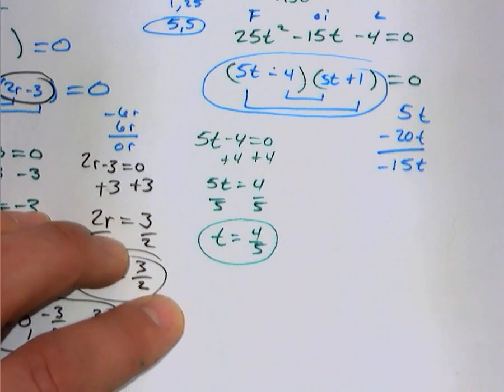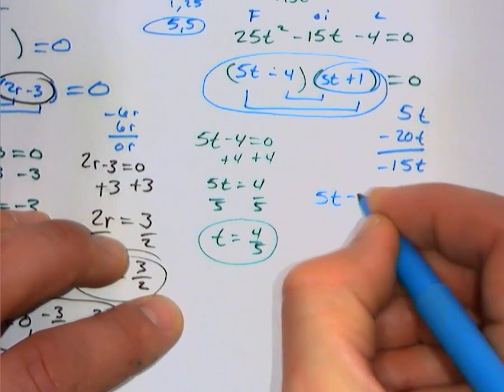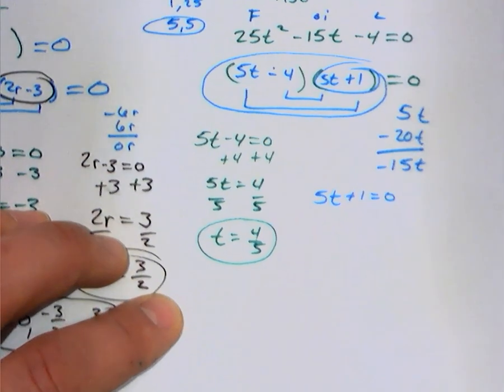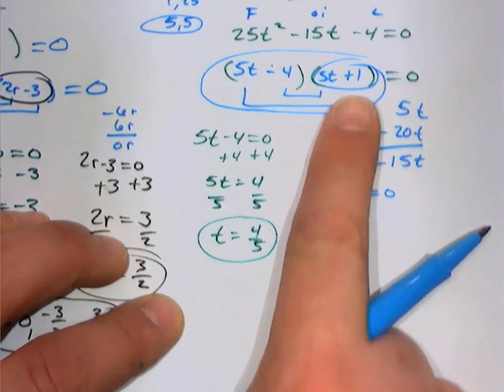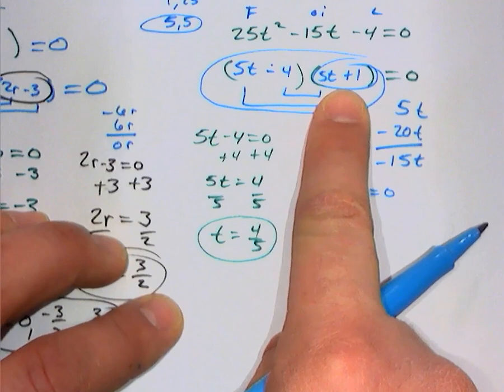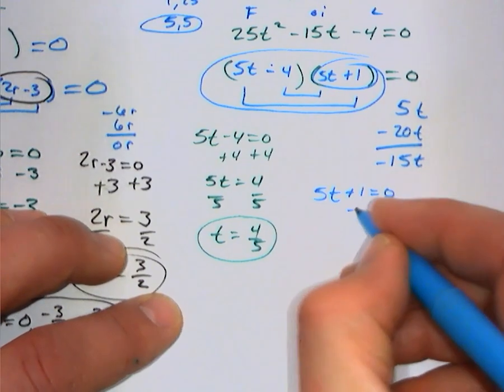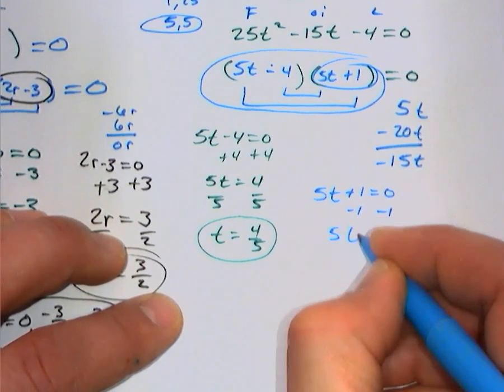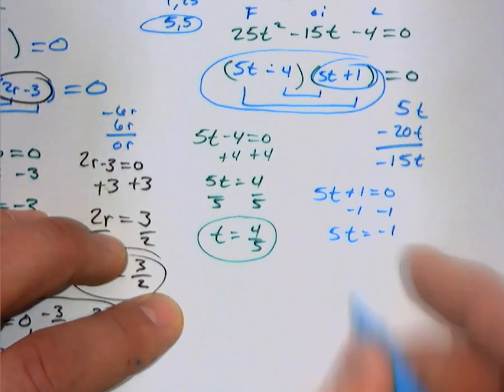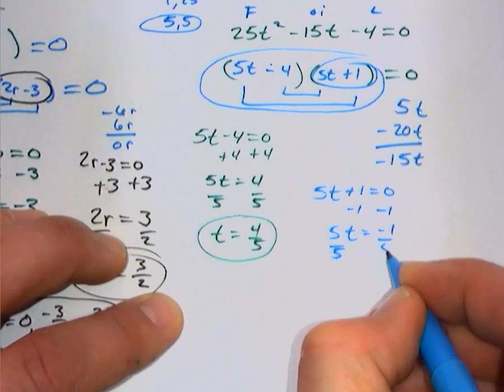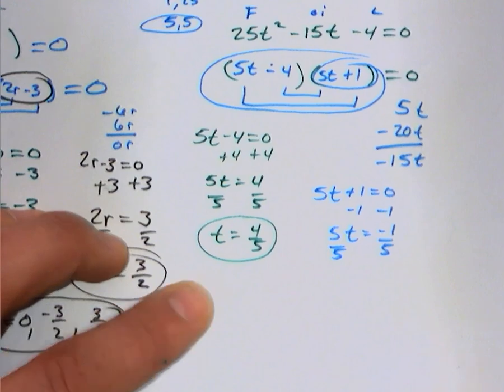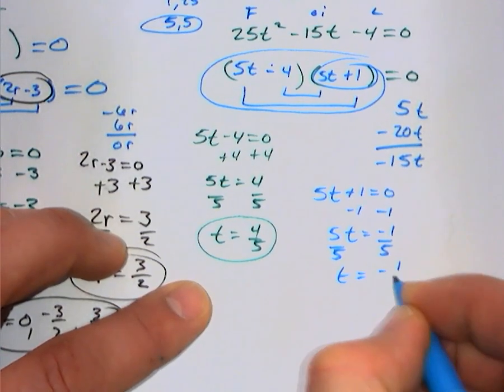And then we do the exact same thing for the other one. We take 5t plus 1 and set it equal to 0. Now again, some of you guys can do this in your head. You'll use the opposite sign, right? We subtract that 1 over, and we get -1. We divide by 5. So the final answer there is -1/5.